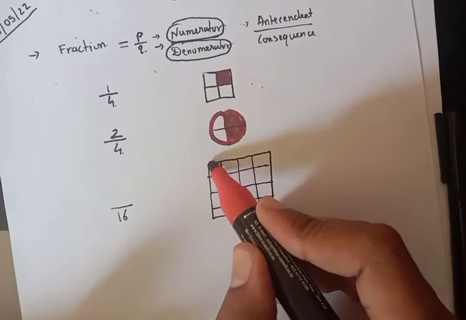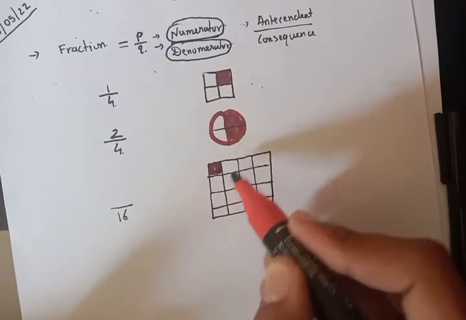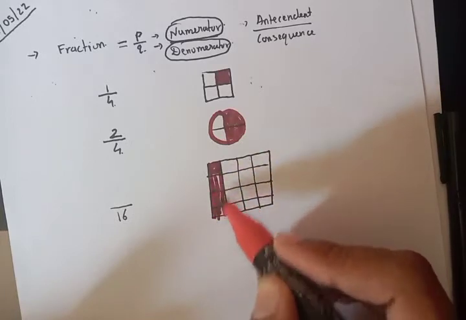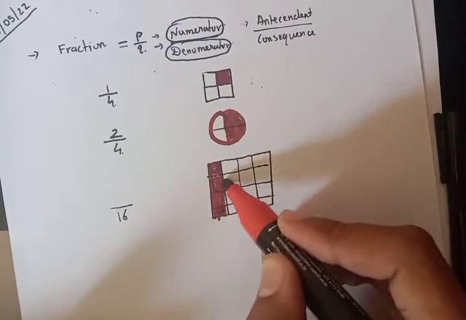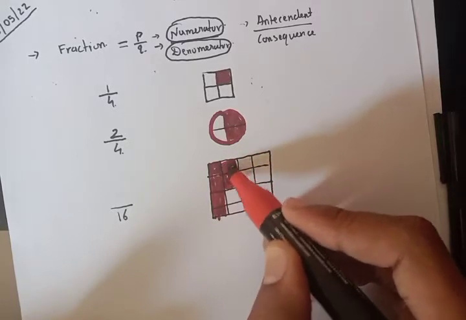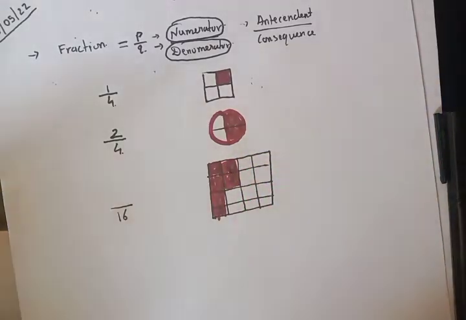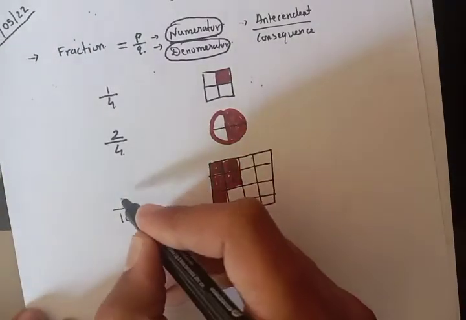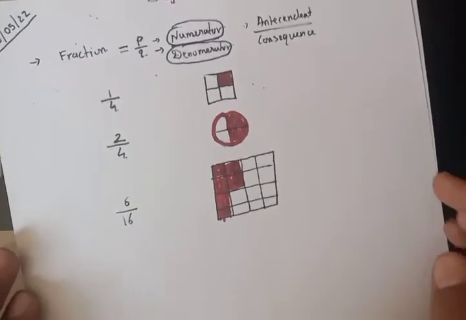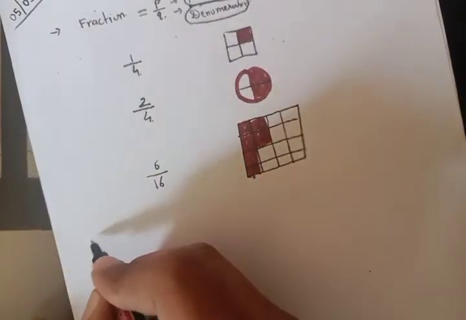Suppose from that I highlight six, then the number becomes 6/16. Okay, any confusion? No.